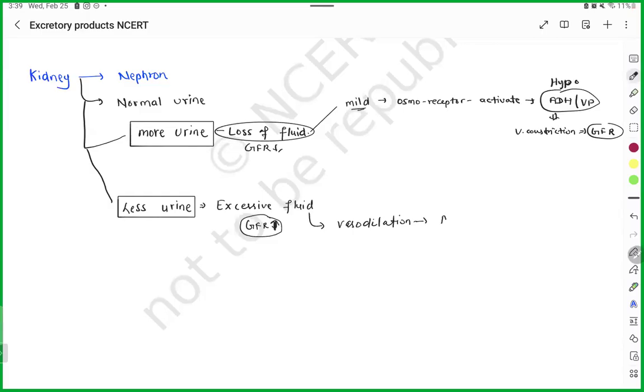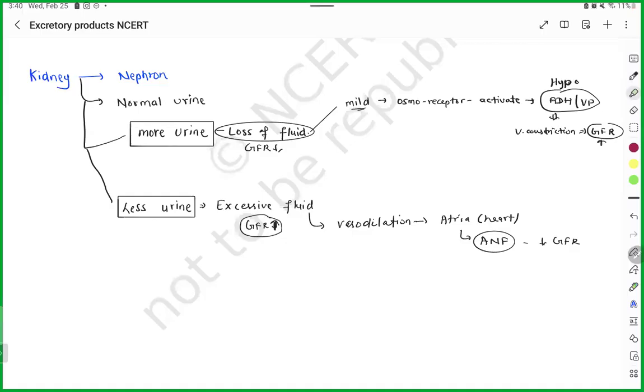Our atria of the heart produce a hormone known as ANF. So ANF decrease GFR. Here vasoconstriction increase GFR. Normally these are the two conditions. If more GFR, ANF; less GFR, mild condition, then ADH.